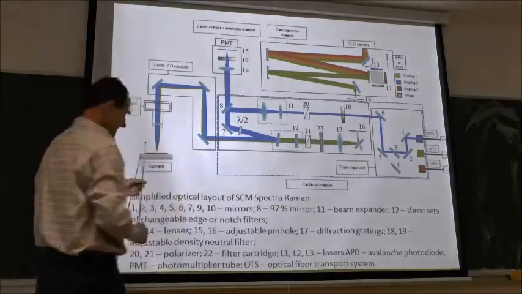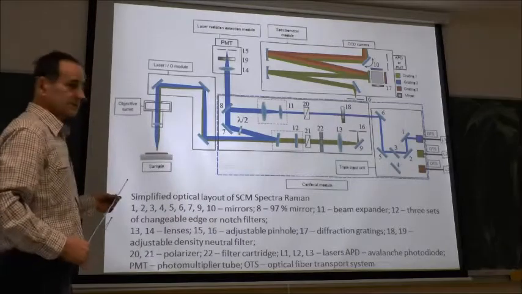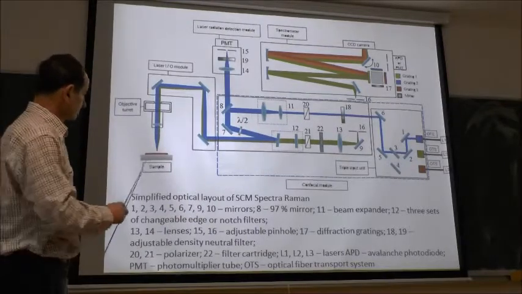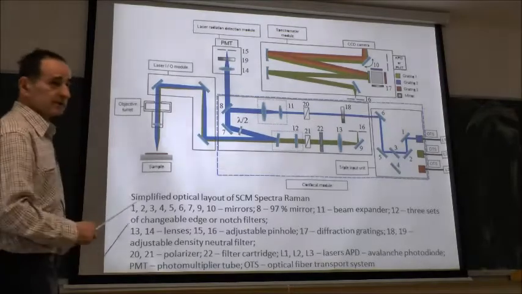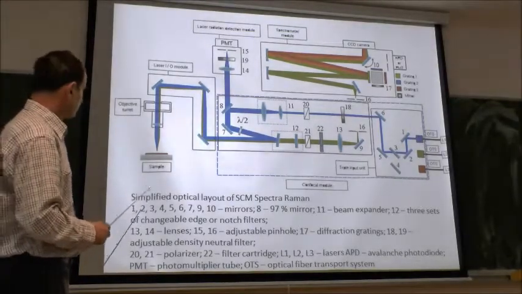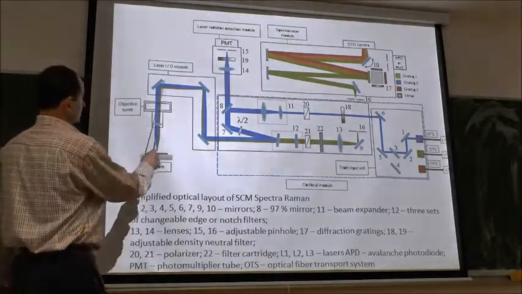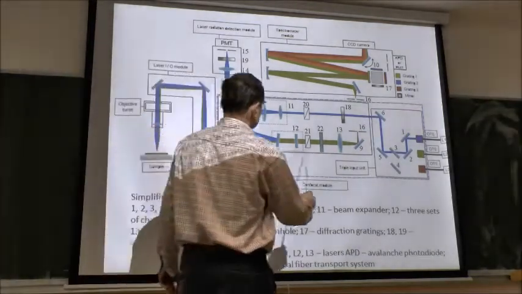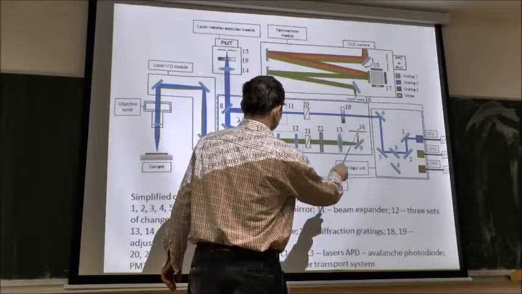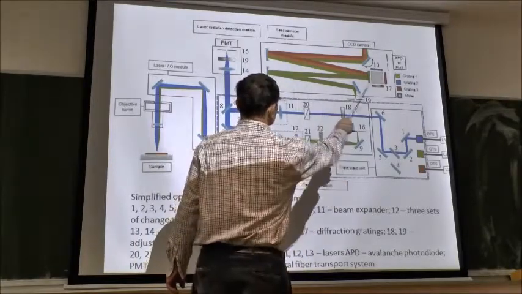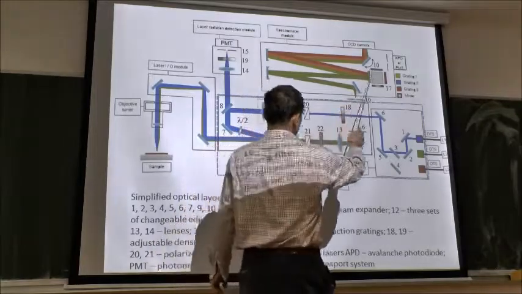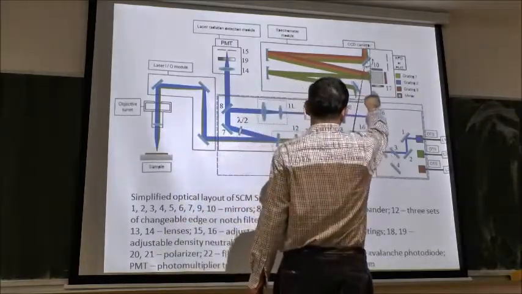In the sample it is scattered, and the scattered light is collected by the objective in 180 degree back scattering geometry and sent back. Here it enters the spectrometer, where it is dispersed by a grating and measured on a CCD camera.